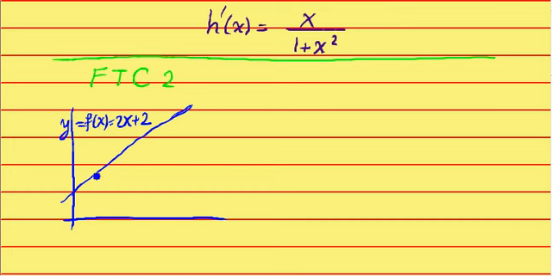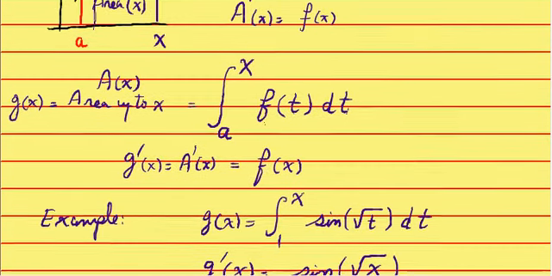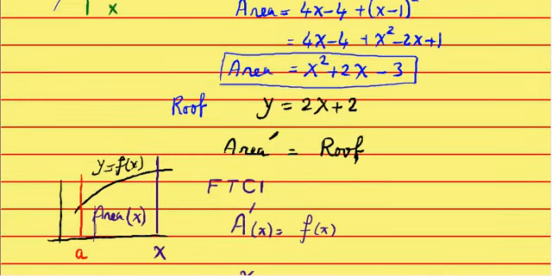We had started calculating everything starting at 1. And we had found out that if I wish to stop at the location x, the area up to here, let me see if I remember, after all this, it was x squared plus 2x minus 3.